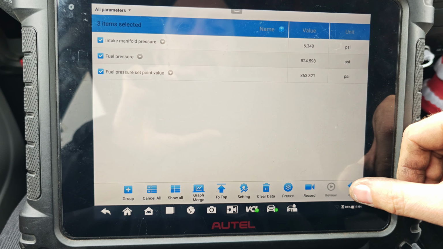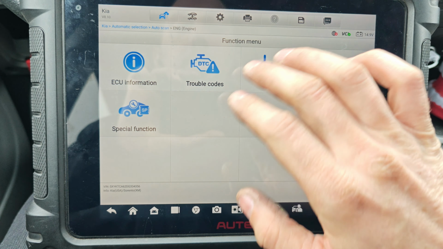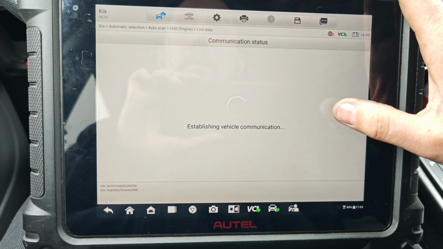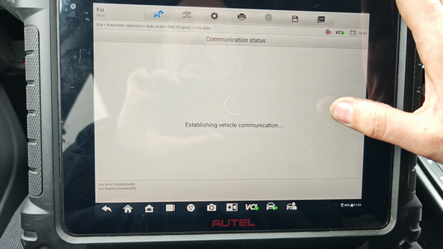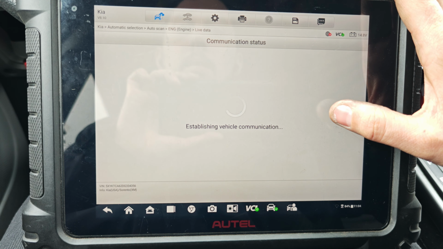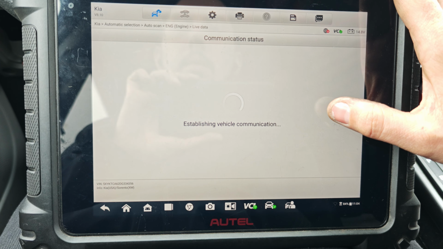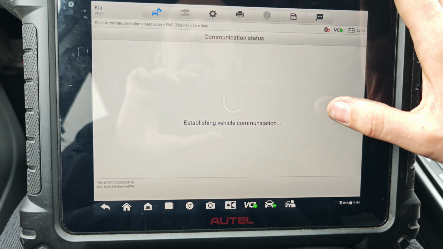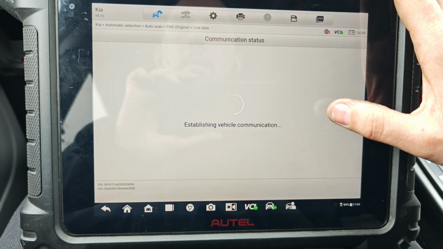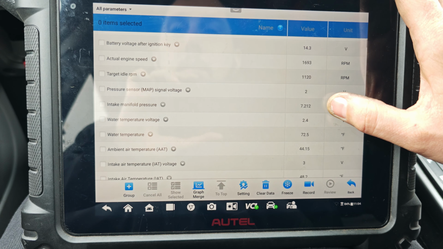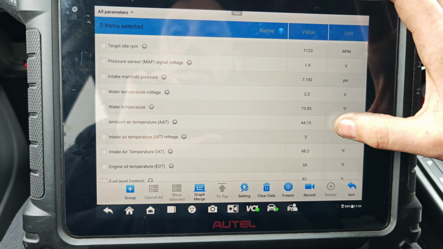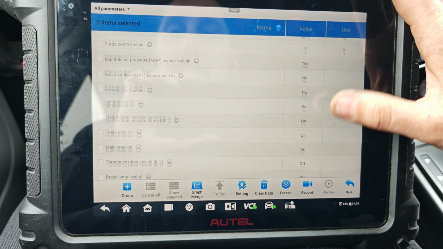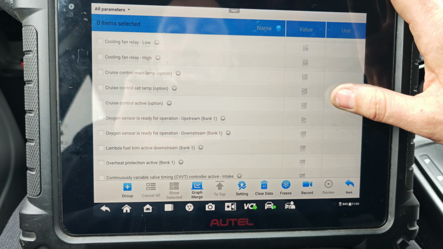I'm holding the RPM up right now. I wanted to see what happens to our fuel trims.